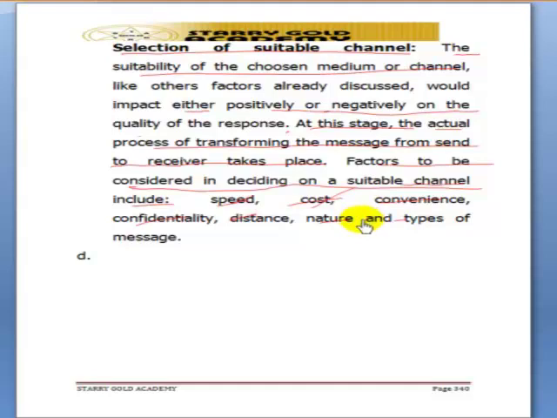So take for example a selection of a suitable channel. Supposing your target audience is just people in your locality, and because of that you decide to go on radio or television, or whatever means, and the information is primarily for those who are in the environment, who are around.